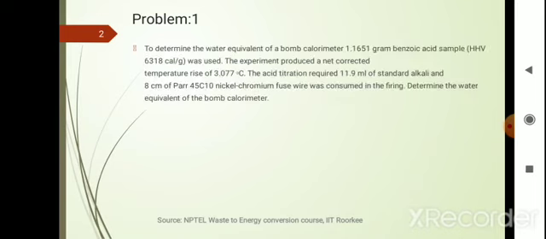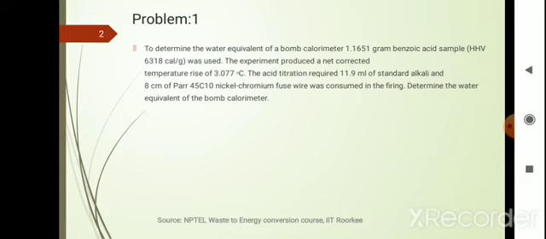To determine the water equivalent of a bomb calorimeter, a 1.1651 gram benzoic acid sample with a higher heating value of 6318 calorie per gram was used. The experiment produced a net corrected temperature rise of 3.077 degrees Celsius.